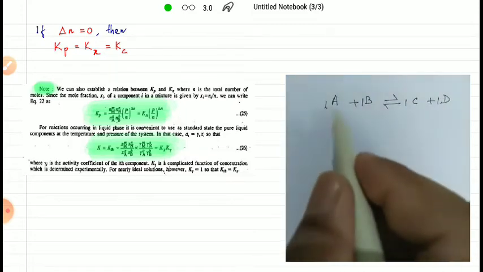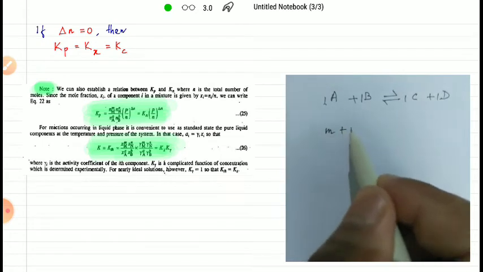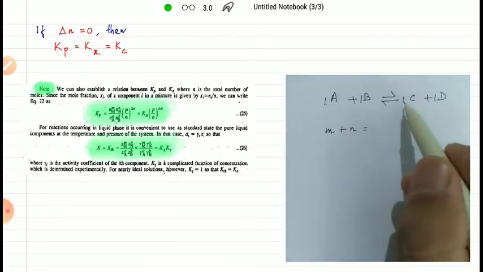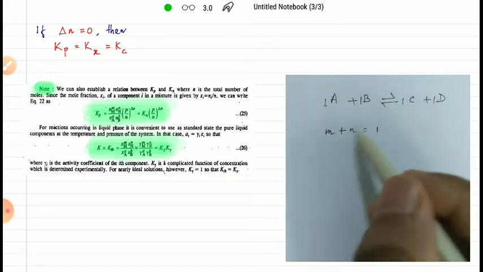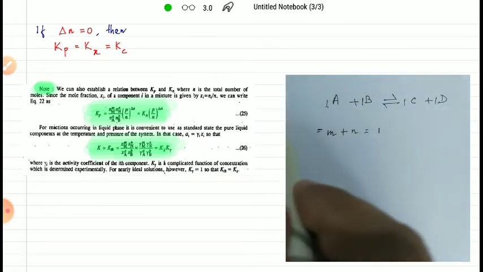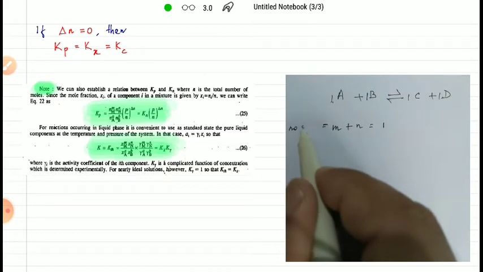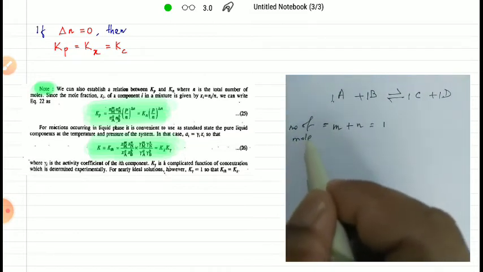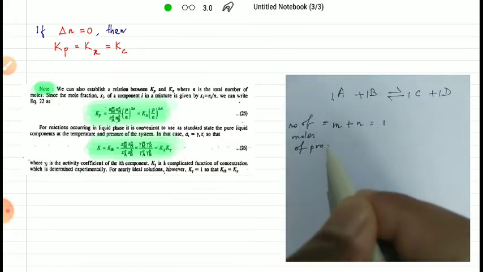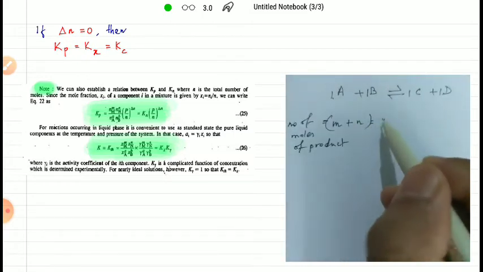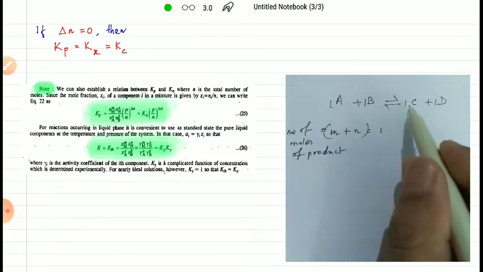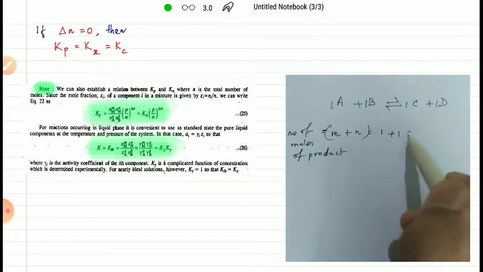So M plus N represents the number of moles of product, which is 1 plus 1, equal to 2.